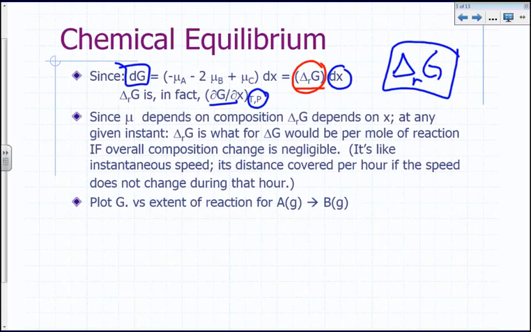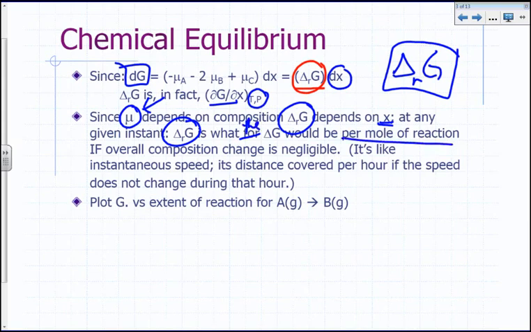Now, chemical potentials depend on the composition of your reaction mixture. So this delta G sub R, the reaction Gibbs energy, actually depends on the extent of reaction, because as your reaction progresses, the composition of your mixture is going to be changing, and the chemical potentials will be changing. So this is what the delta G would be per mole of reaction.